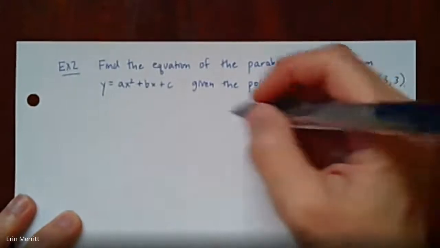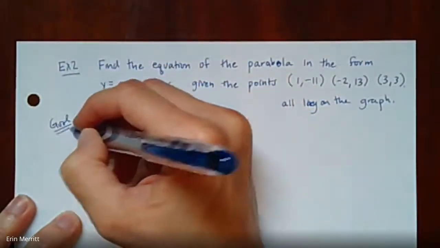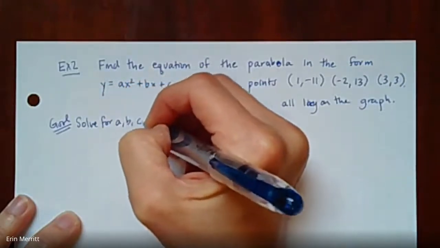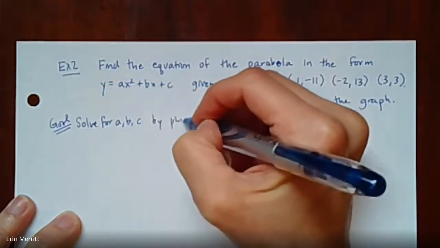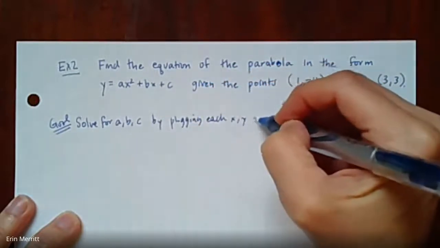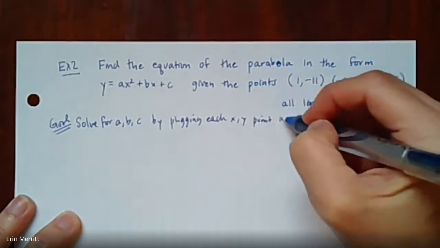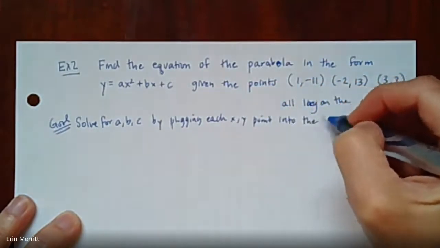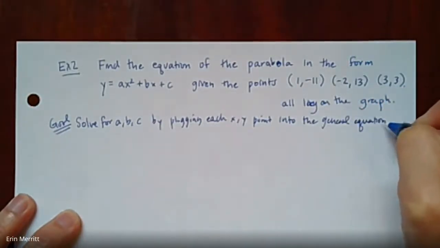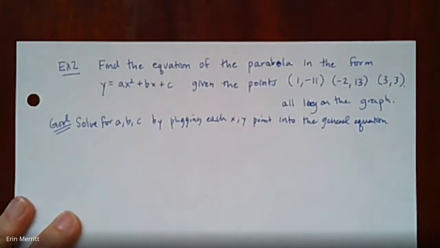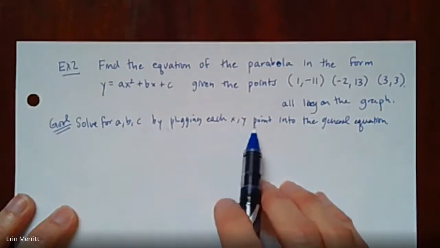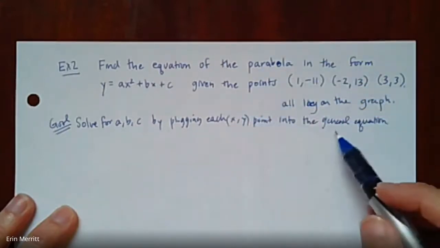So our goal is to solve for A, B, and C by plugging each XY point into the general equation. All right, and I know my handwriting gets a little scribbly, so hopefully you can read that. Solve for A, B, and C by plugging each XY point into the general equation.